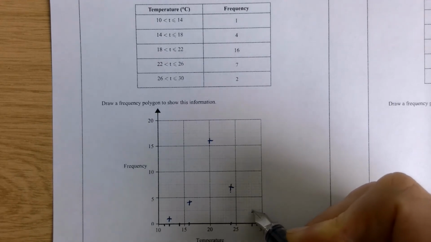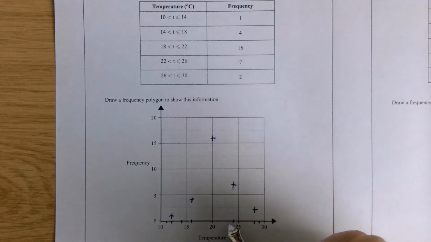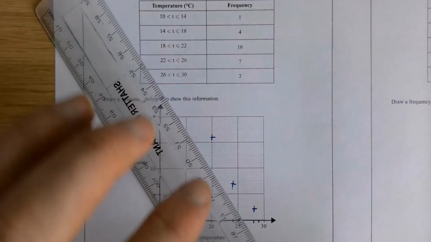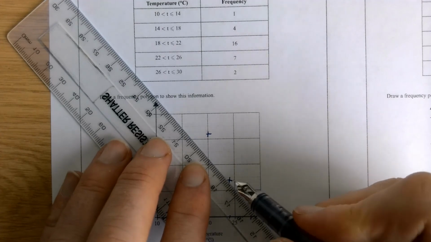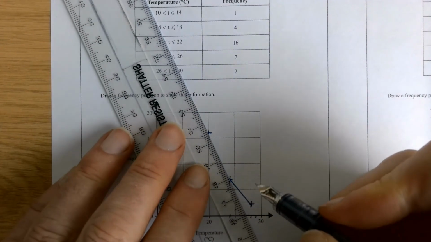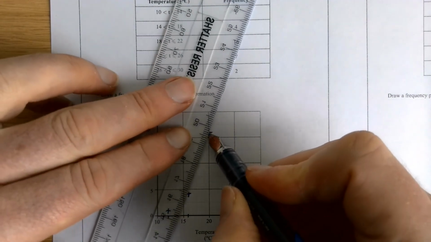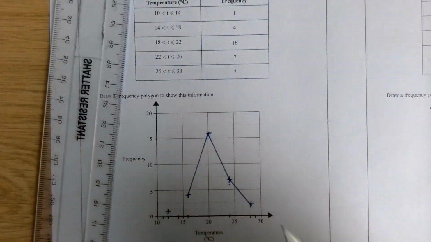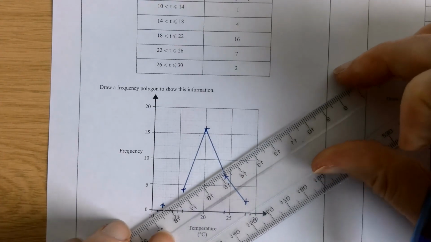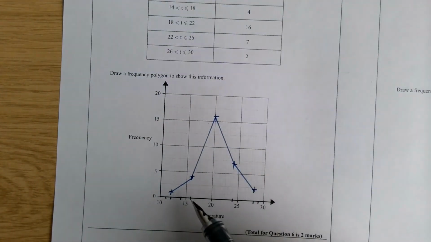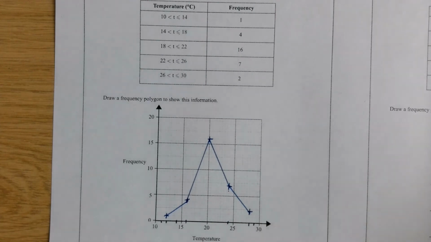And I would encourage you to do as I'm doing and make little marks just to help keep your eye where it needs to be, and that makes it less likely that, if you get someone marking your work like I'm going to be doing, you've got to make sure you get those spot on, because this is a test of accuracy and taking care. Now my straight line wasn't quite, but because I've got my cross there, I would let you off with that.